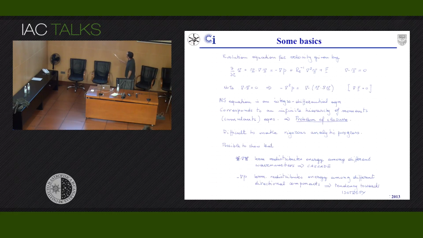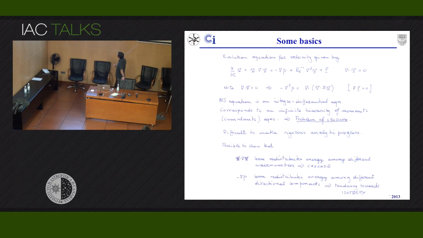So this is not related in any way to sound waves. Formally, the sound waves have infinite speed in this equation. But the bottom line is that the pressure is given by the inverse Laplacian of this thing, and so the Navier-Stokes equation is an integro-differential nonlinear equation and is hell to solve.